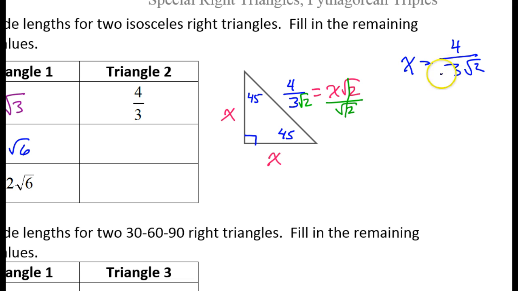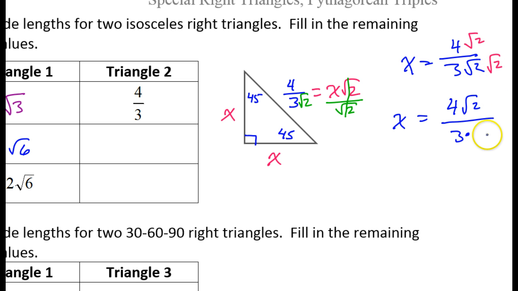Anyway, so this is basically the answer, but we should rationalize the denominator. And we will do that by multiplying by radical 2 in the top and the bottom. That will neutralize this radical 2 over here. So I've got a numerator of 4 radical 2. I'm just going to bring down this 3.